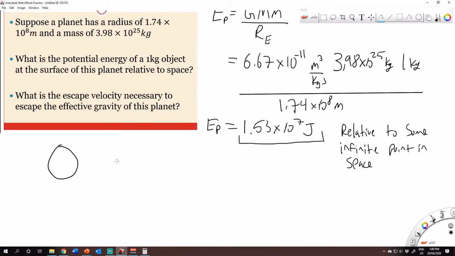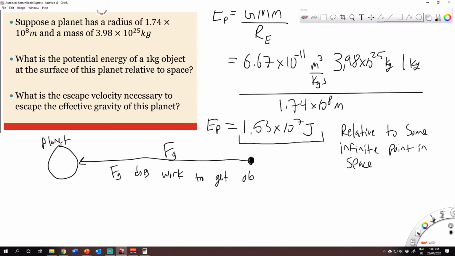You can think of it this way. If my planet is here, and my 1 kilogram object is somewhere in the middle of space, the force of gravity, as it drags this object this way, is doing work. So the force of gravity does work to get the object to the planet.